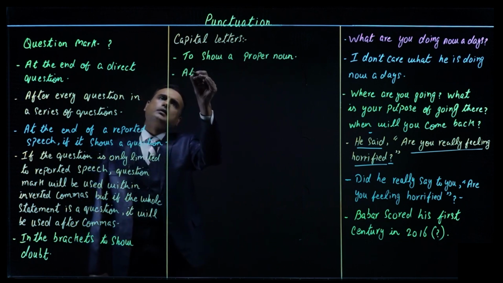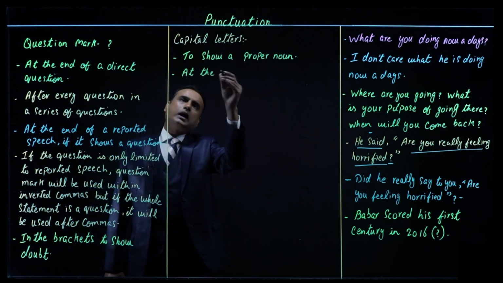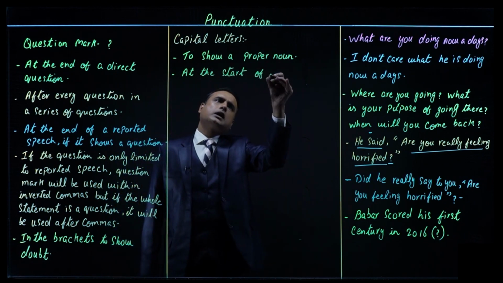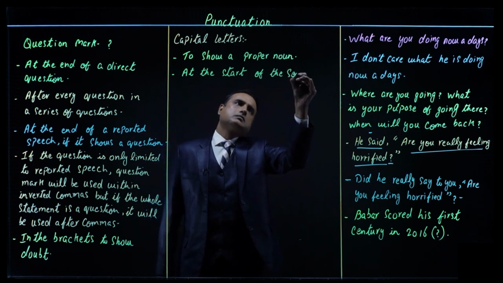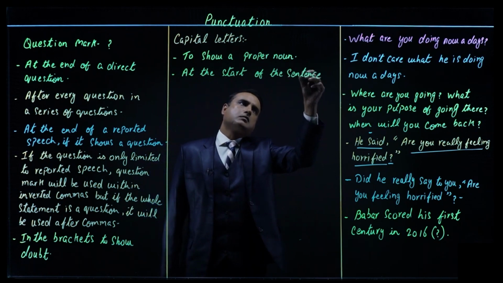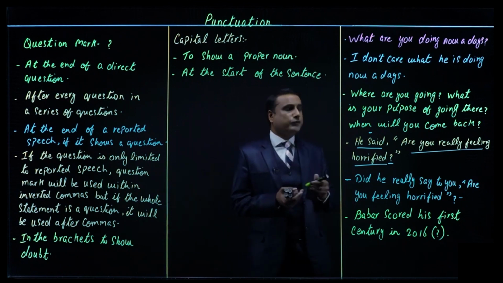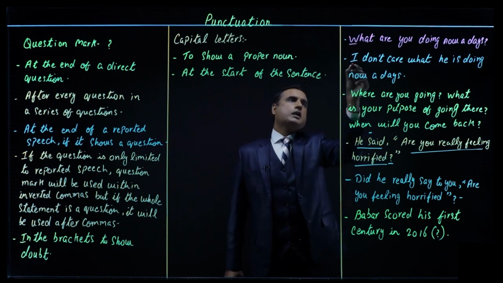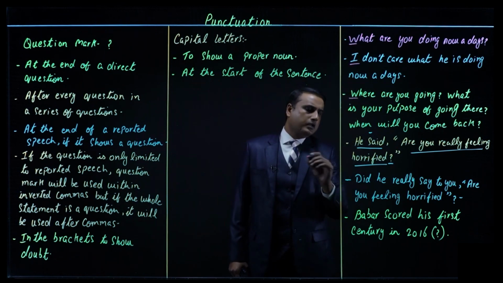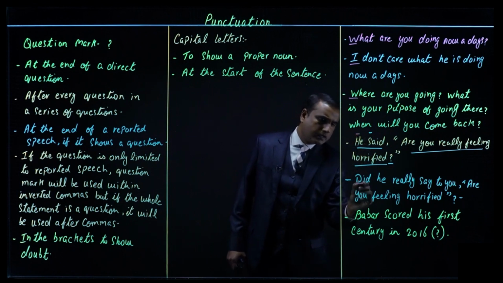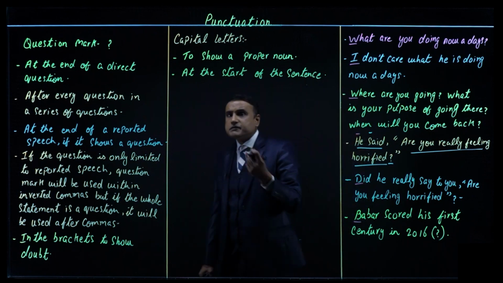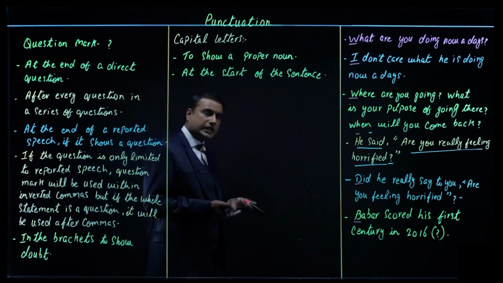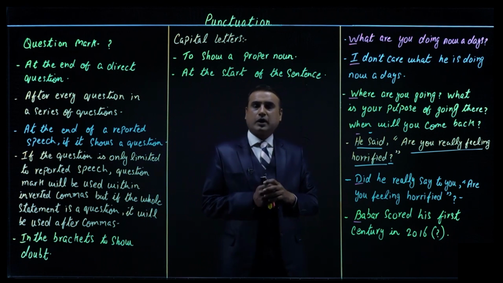Then at the start of the sentence, and you can take the example of all these statements. Here, the first letter of every statement was actually a capital letter. So यहाँ भी capital letter जो है वो इस्तेमाल होगा.